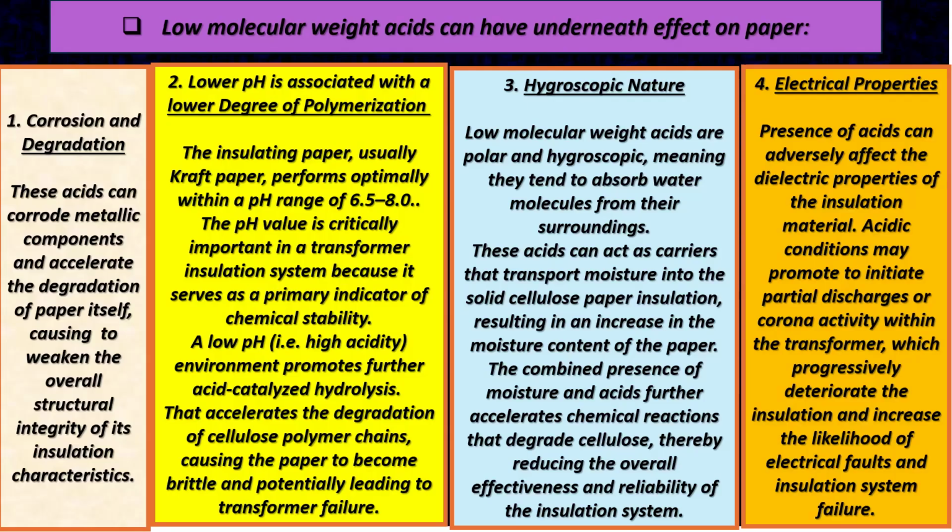A low pH, that is a high acidity environment, promotes further catalyzed hydrolysis that accelerates the degradation of cellulose polymer chains, causing the paper to become brittle and potentially leading to transformer failure.